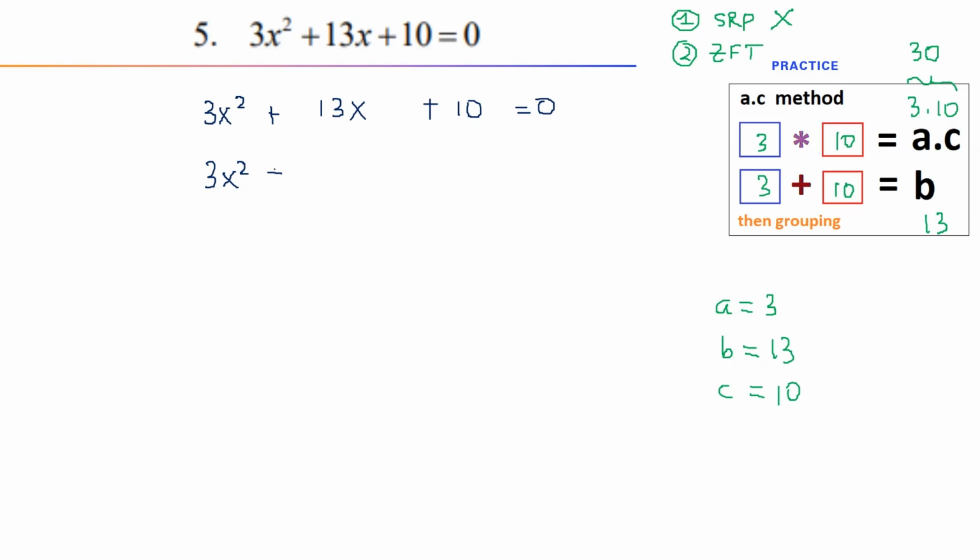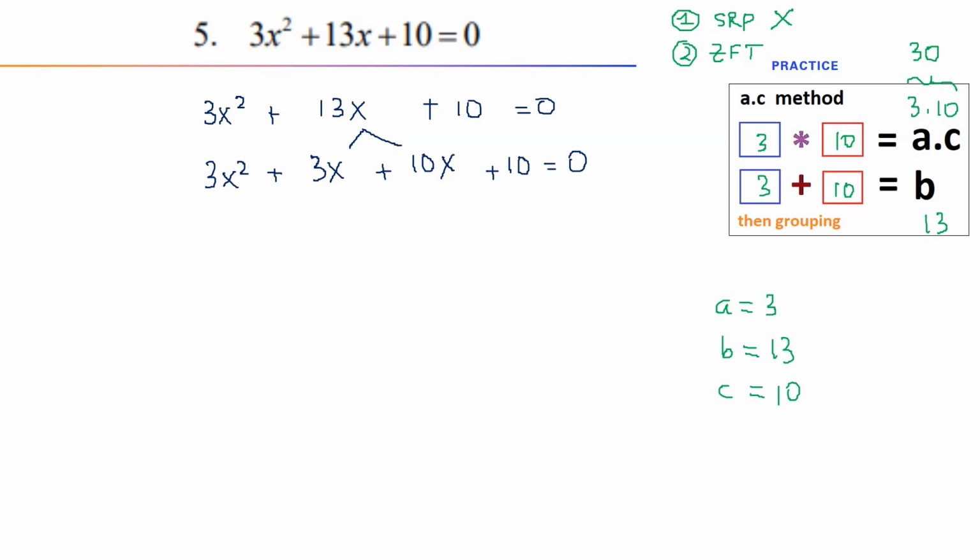Break it down into 3x squared plus 3x plus 10x plus 10 equals 0. So 13x is going to become 3 and 10, right?